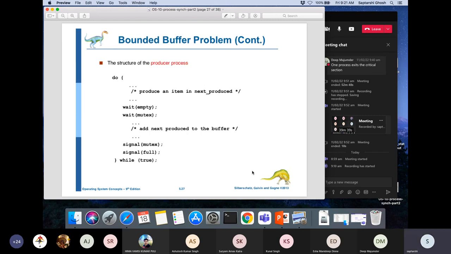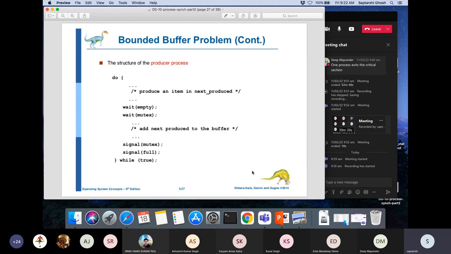So this is the structure of a producer process. It first waits on empty. So how do you think this will proceed?